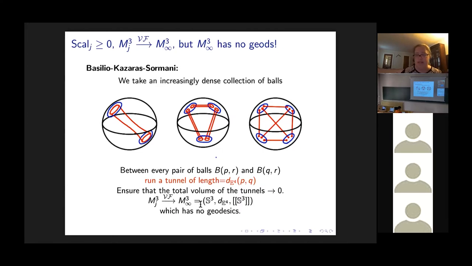The limit space is actually S3 with the Euclidean distance, which is a space that has no geodesics at all. It has no geodesics in the sense that if you have 2 points, there is no midpoint between those points. There is no geodesic curve between those points whose length is the distance between them. The distance between the points is the straight Euclidean length, which doesn't run along the sphere.